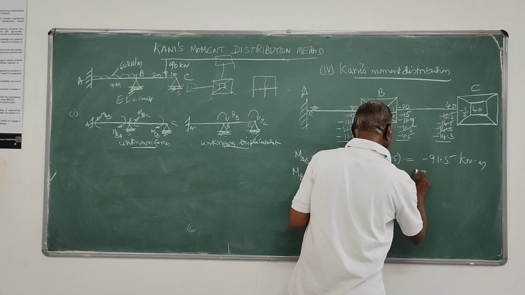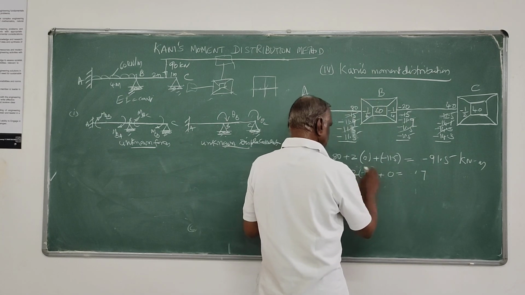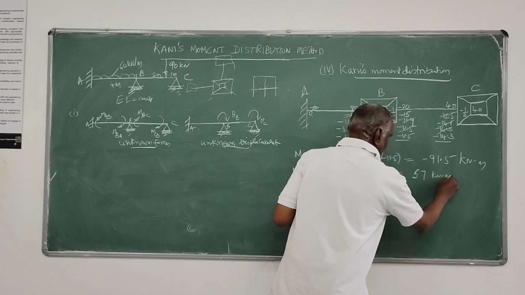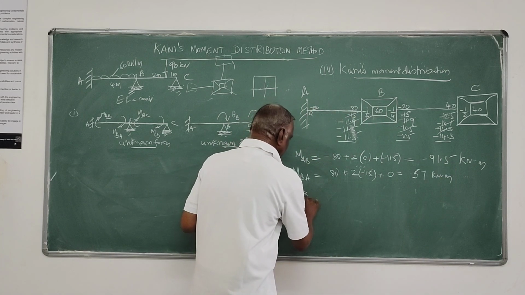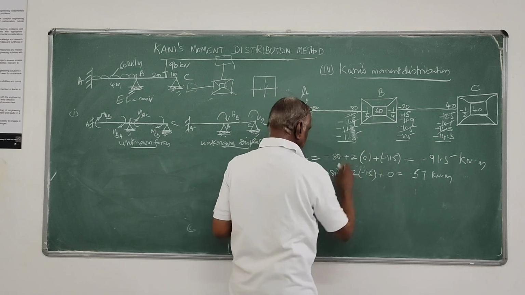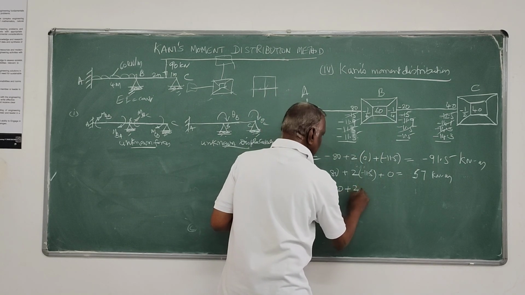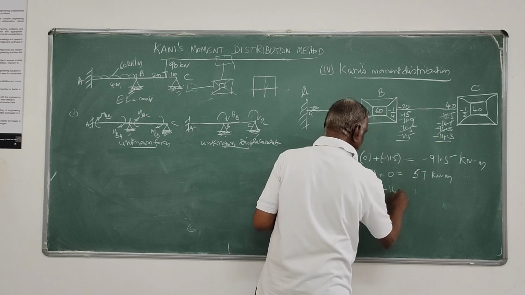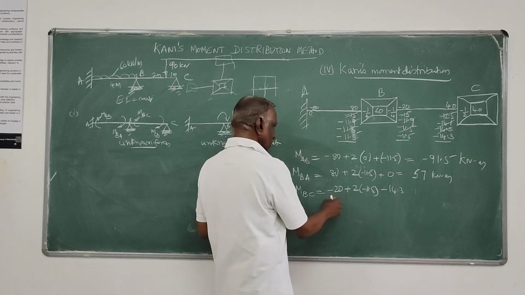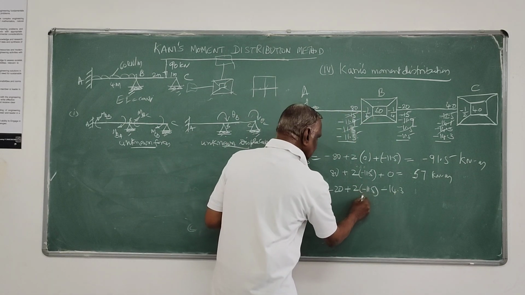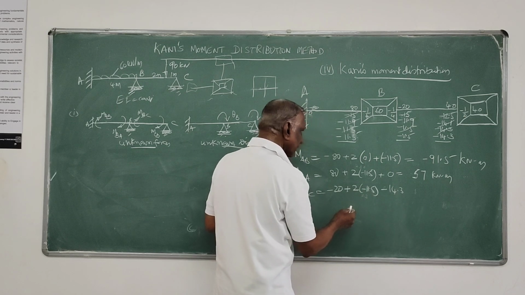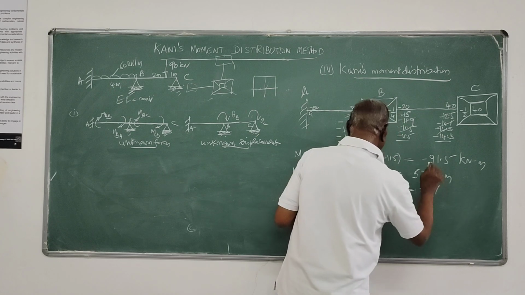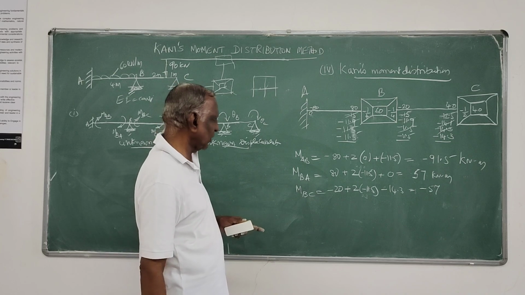Then you can find out MBC on the same lines. Fixed end moment minus 20, twice rotation contribution twice 11.5, then contribution from the far end, minus 14.3. So all are minus here. This minus 23, so it is minus 57. You are getting 57.3 at this now.